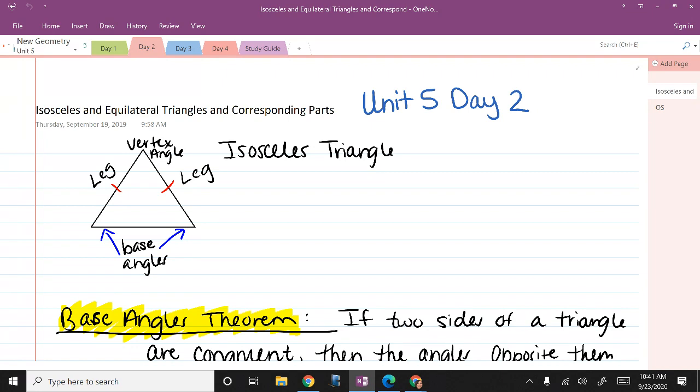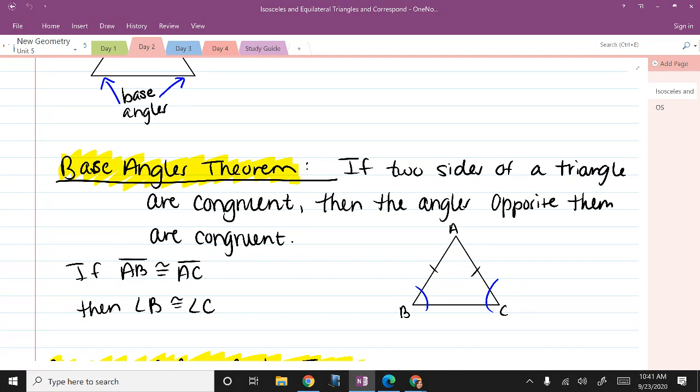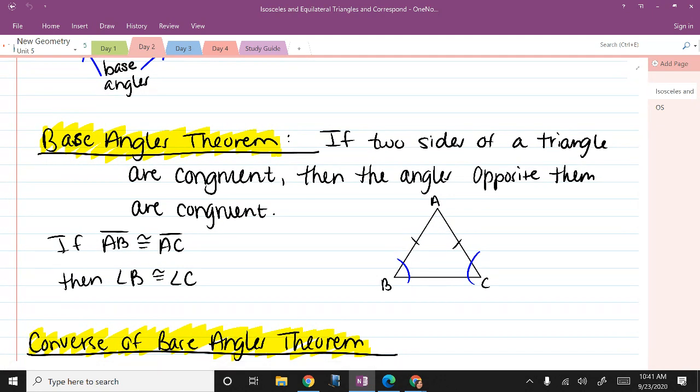So on the back of your theorem sheet, we have something called the base angles theorem. It's like the third one from the bottom or something like that. I think it says 4.7 on the handout. If two sides of a triangle are congruent, then the angles opposite them are congruent.